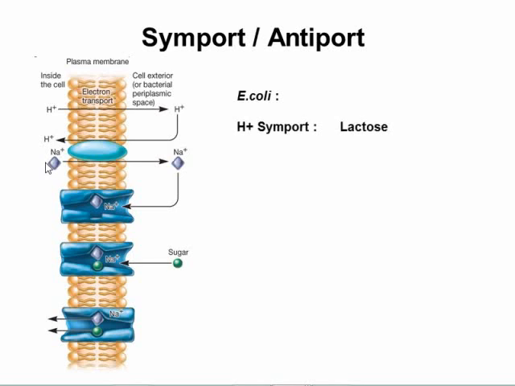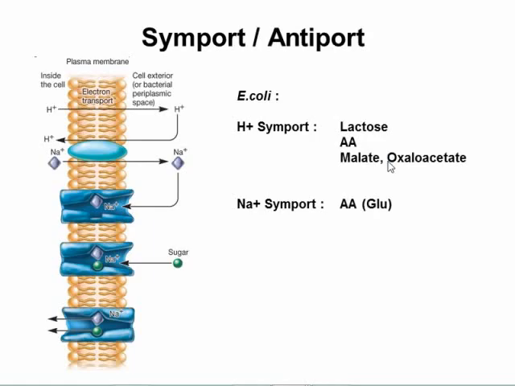So in E. coli, you can import lactose by proton symport or amino acids, but often this is the one to remember: malate, oxaloacetate. These are 4-carbon molecules. Sodium symport, amino acid glutamine.